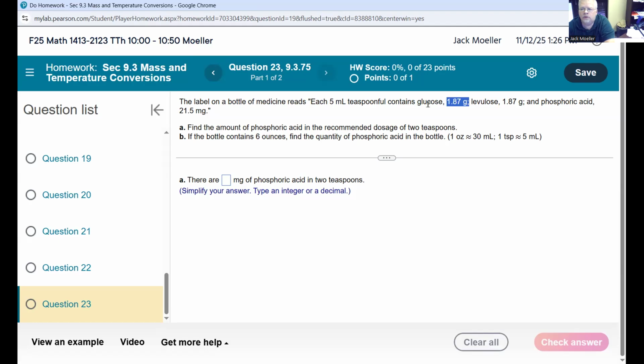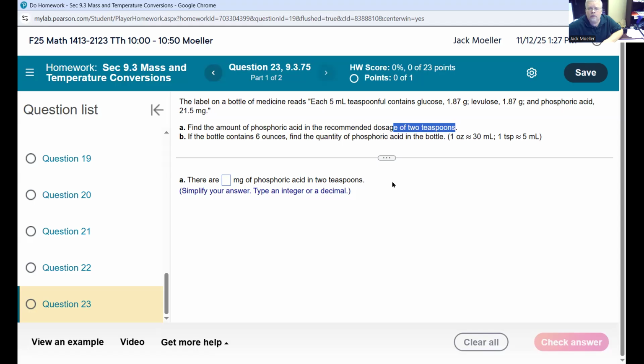That seems a little weird because in English we'd probably say 1.87 grams of glucose, but that's how it's reading. So levulose, if I pronounce that right, there's 1.87 grams of that. And then for phosphoric acid, there is 21.5 milligrams. It may seem weirdly worded, but that's how these problems are worded in the context of those courses. Find the amount of phosphoric acid in a recommended dosage of 2 teaspoons.